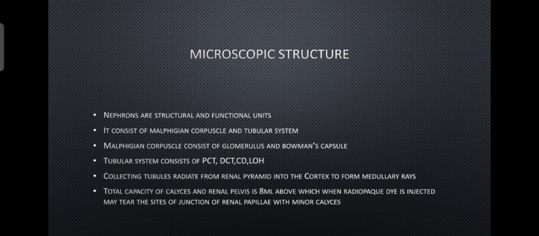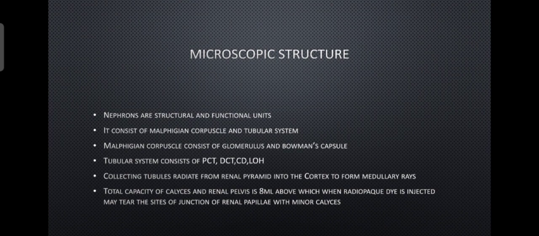Then from the Bowman's capsule, the filtrate, not yet urine, goes into the tubular system, a variety of tubules. They include the proximal convoluted tubule, distal convoluted tubule, collecting duct, and loop of Henle. These collecting tubules radiate from the renal pyramid into the cortex to form the medullary rays.